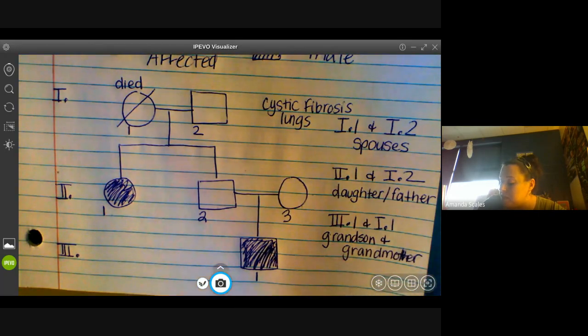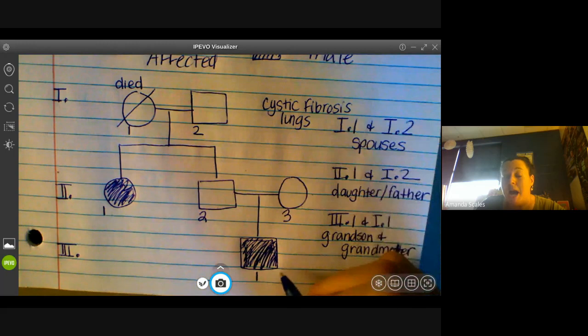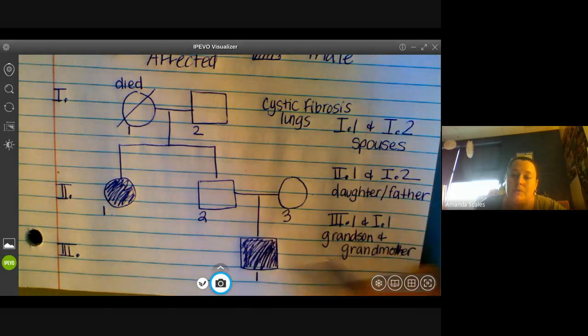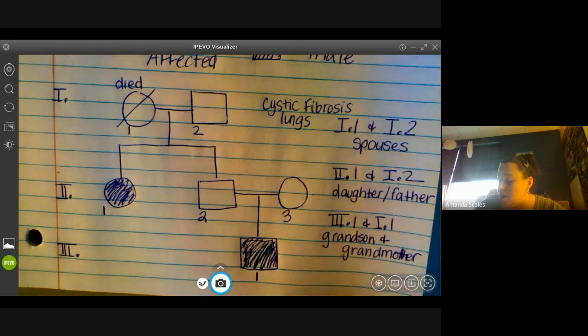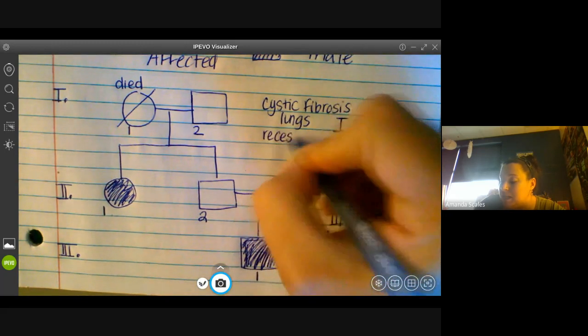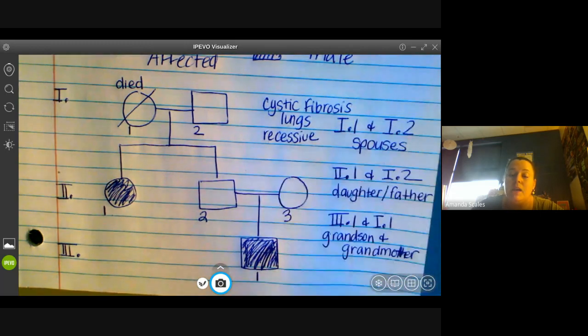What that means is basically the gene can hide and it can skip generations as well. That is the only way possible for this family that it can show up, unless it was some kind of random mutation. And it comes to find out, cystic fibrosis is recessive in families.